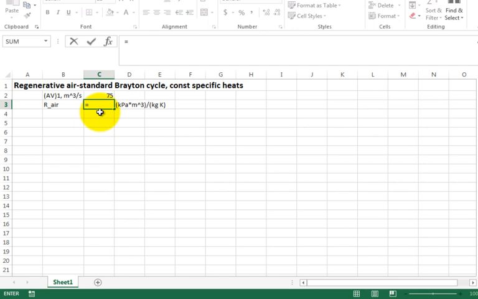And then I like to think of it as, okay, it's 8.314. That's R bar. And I divide by the molar mass of air, 28.97. I can remember that number to 4 significant digits. And there you go. Maybe I clean that up a little bit. And there's something more familiar, 0.2870, good to 4 significant digits. Make sense?